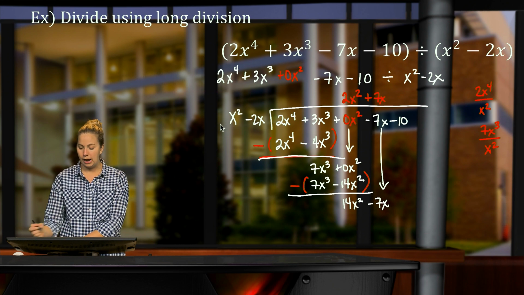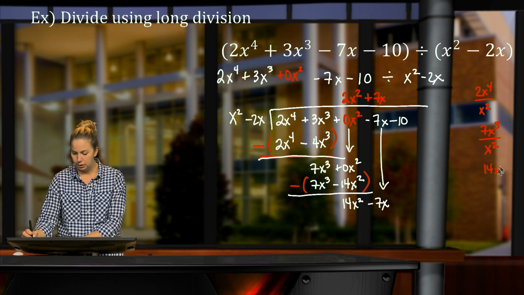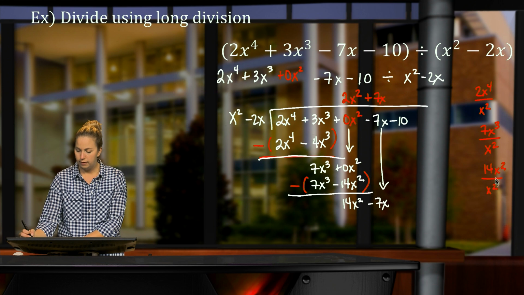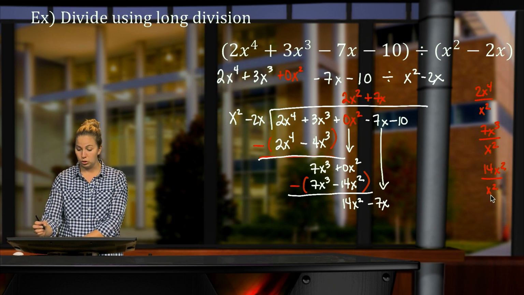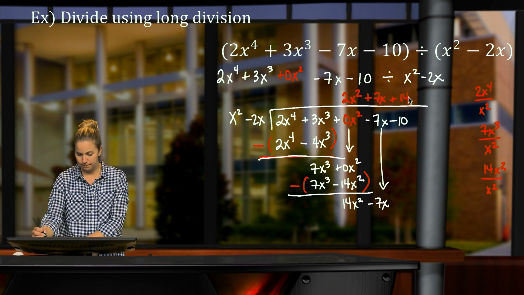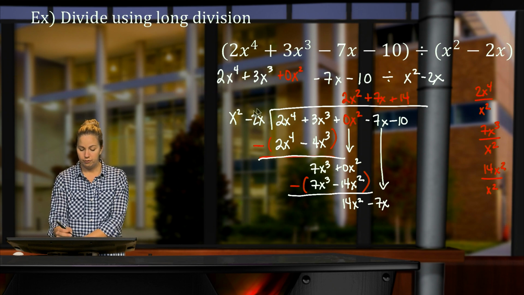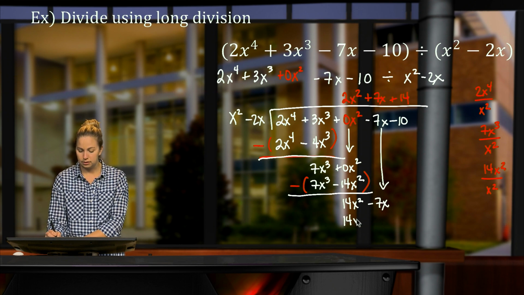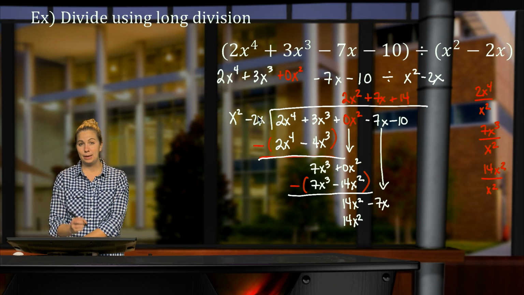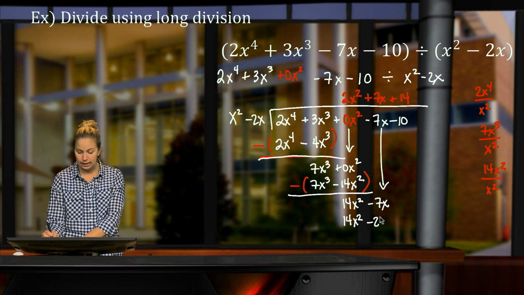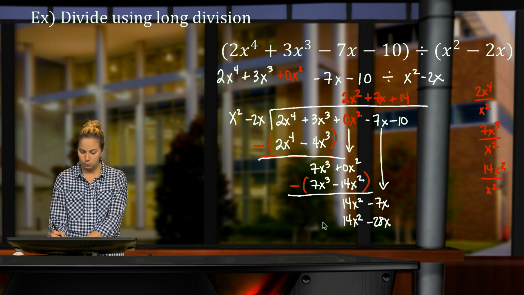14x squared divided by x squared. Using my margin, 14x squared divided by x squared is 14. 14 times x squared minus 2x. 14 times x squared is 14x squared. 14 times negative 2x is negative 28x.